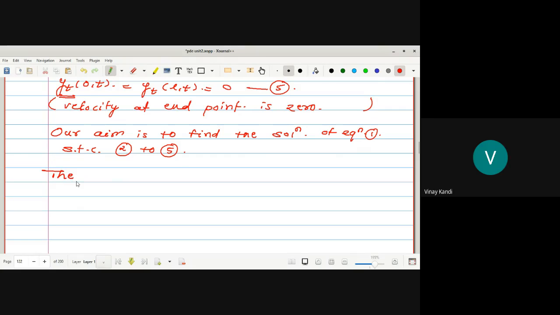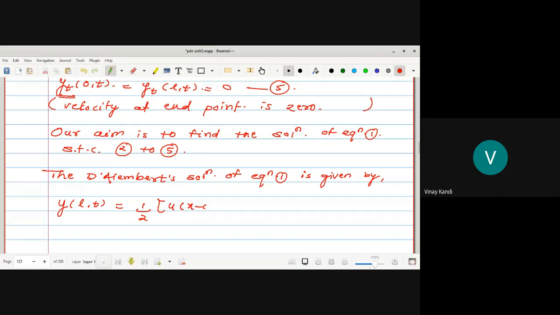Now look at it. The D'Alembert solution of equation 1 is given by, for the first case when the string is of infinite length: y(x,t) is equal to 1 upon 2 into [u(x minus ct) plus u(x plus ct)] plus 1 upon 2c integral from x minus ct to x plus ct of v(s) ds.